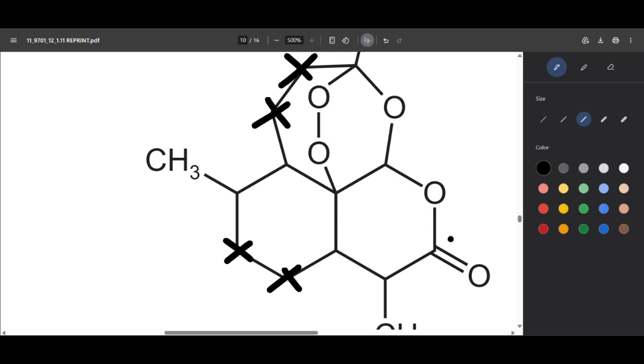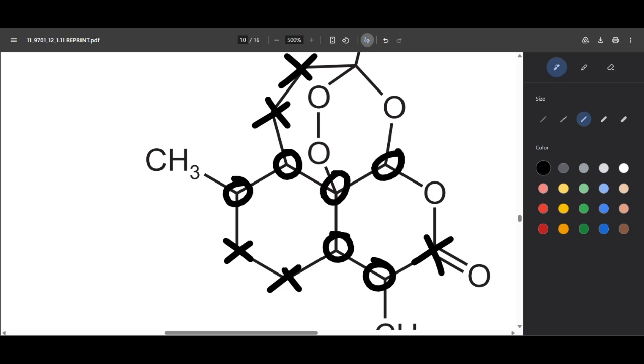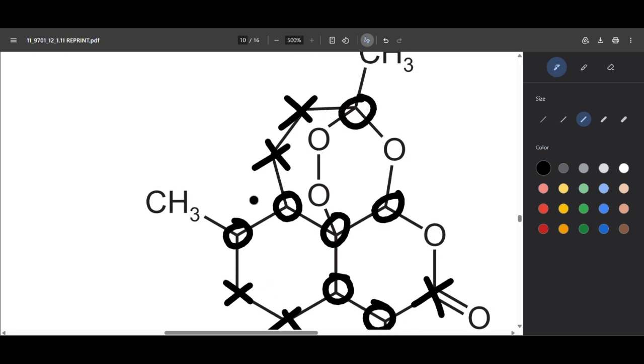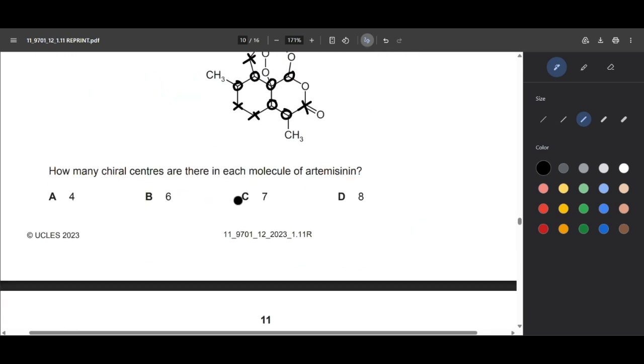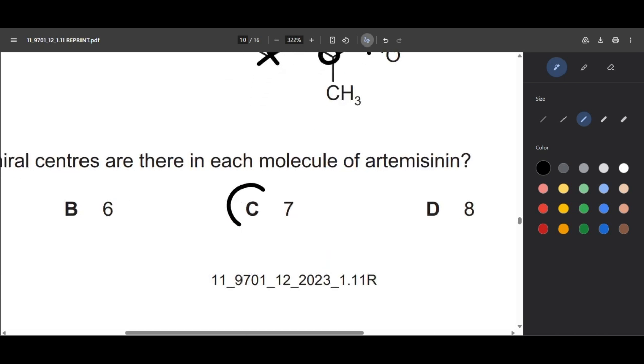And it's also not in here because it's double bonded with O. So the chiral centers are 1, 2, 3, 4, 5, 6, and 7. So the number of chiral centers is 7.